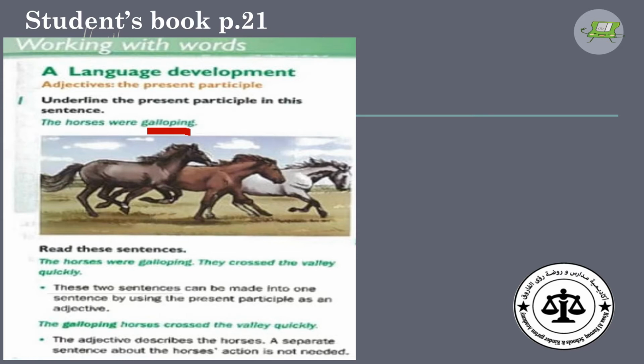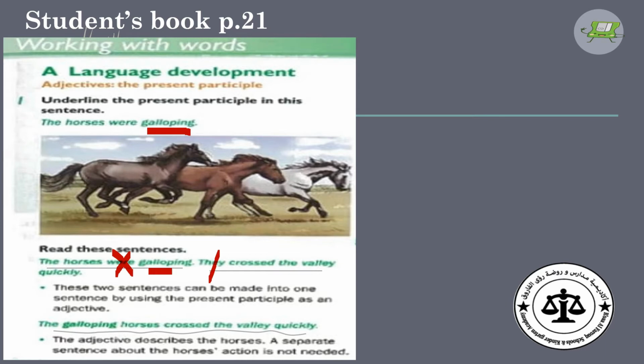So here we have two sentences as we see here. When we want to rewrite these two sentences into one sentence by using the adjective, it becomes: the galloping horses crossed the valley quickly. What did we do here? We deleted the helping verb were and we put the adjective before the horses, the galloping horses.